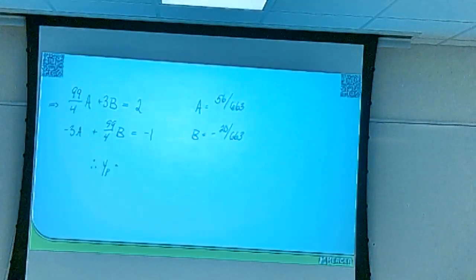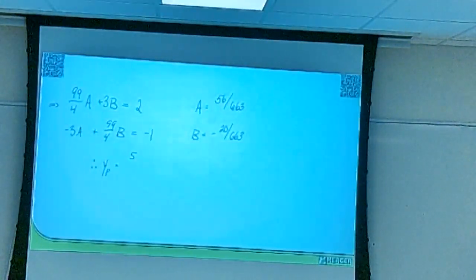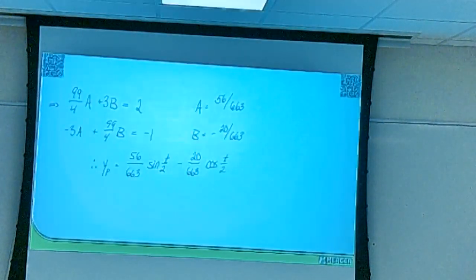What was the A attached to it in particular? Sine t over 2, and that's what, minus 20 over 663 cosine t over 2? That's your particular solution.